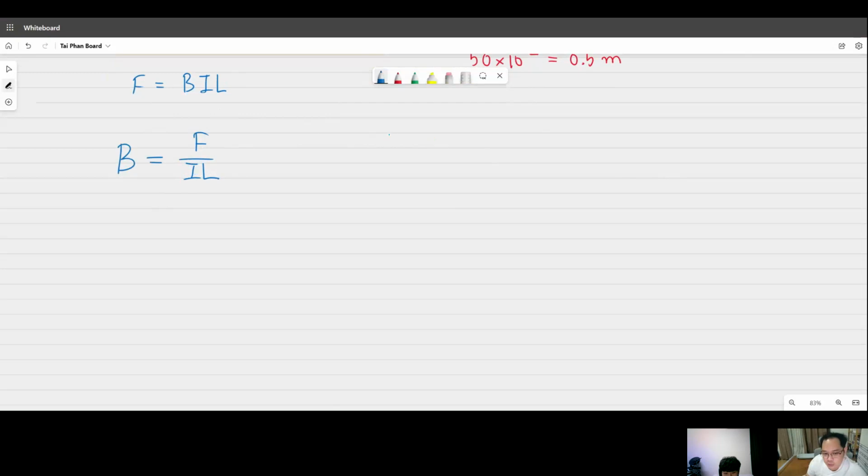So we have a data table of the current and the force, and in another column we calculate the field with a given measured length, for example 0.5 meter. We measure the current, like I1, I2, I3, many times to reduce the random error, and we measure the force F1, F2, F3, etc. And therefore we can calculate the field.